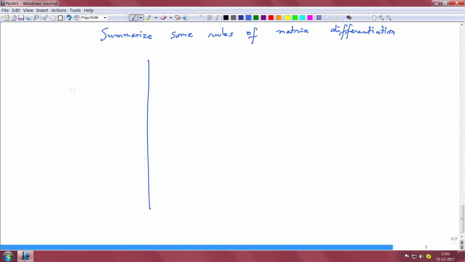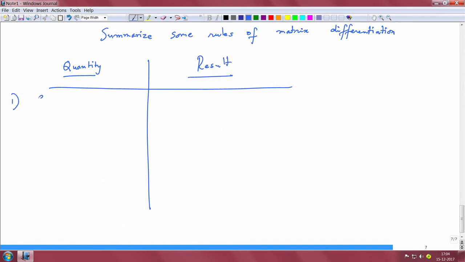Now, let us see the quantity and then the result. First, A is a constant, that is not a function of x, and if I am interested in ∂A upon ∂x, the result should be 0.